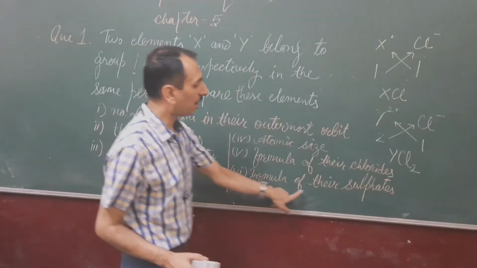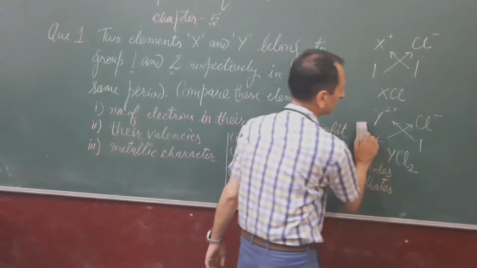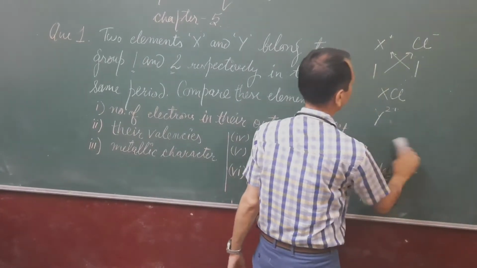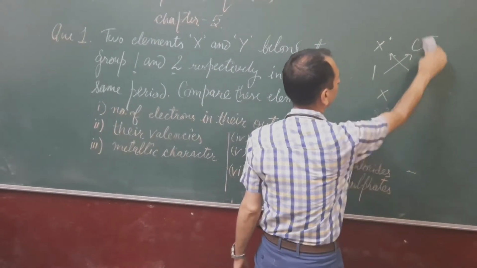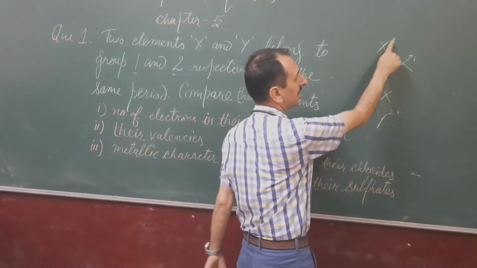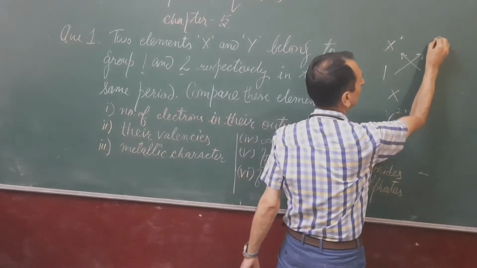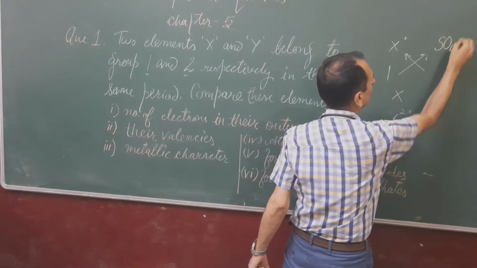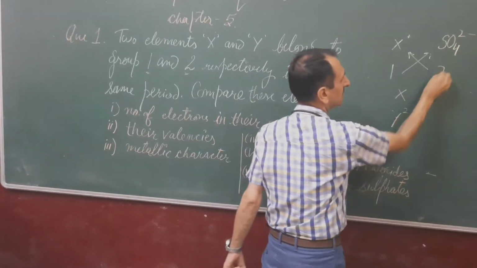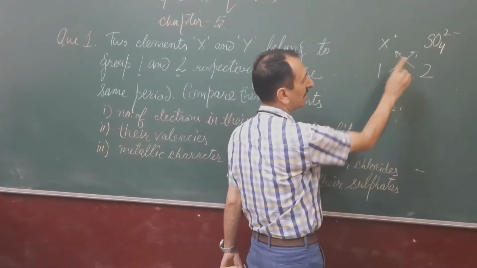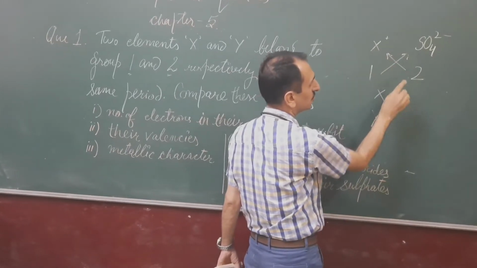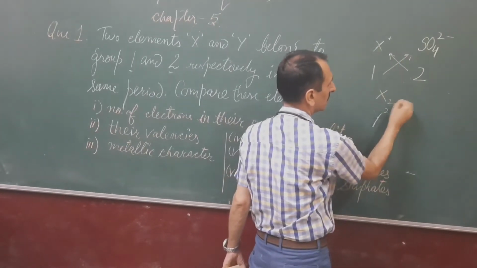Last part, formula of their sulfates. X again has 1 unit positive charge, sulfate ion SO4 has 2 negative, valency 2. So the formula will be X2SO4.